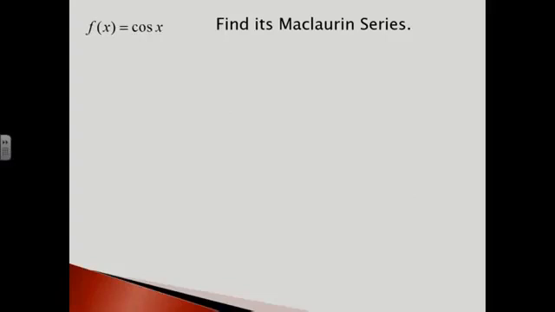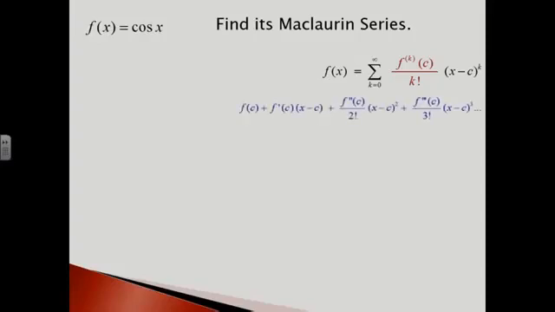The next example is to find the Maclaurin series for f(x) equals cosine of x. We recall the form of the Maclaurin series. Since cosine of x does not have the same derivative of all orders, we should express them term by term. First, we compute f(0). It equals cosine 0 equals 1.